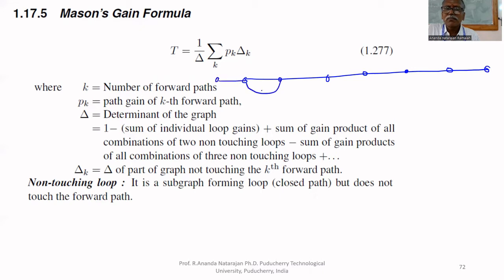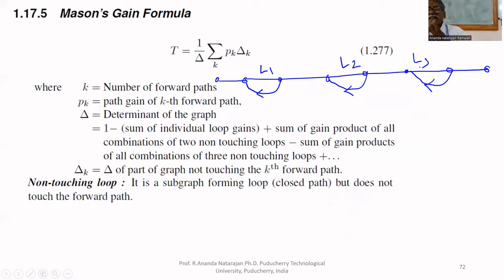One loop is here. Another loop is here. Another loop is here. This is L1. Loop 1, loop 2, loop 3. L1, L2, if you consider, are non-touching loops. L2, L3, non-touching loops.